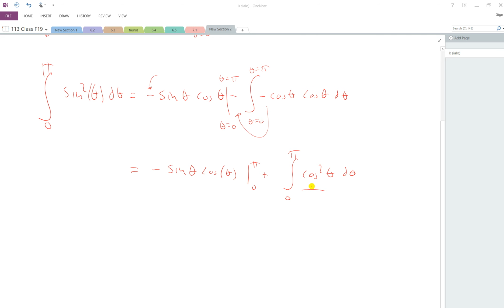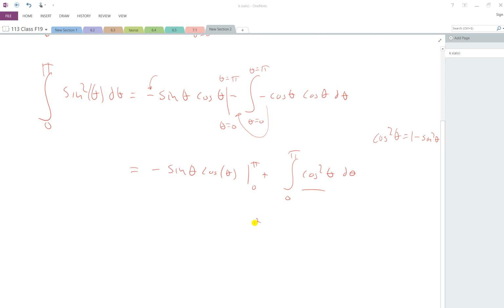But I can get this into something using an identity. I can get this into something that has a sine squared in it. And then I can solve for the integral from 0 to pi of sine squared theta d theta. And that identity is cosine squared of theta equals 1 minus sine squared theta.